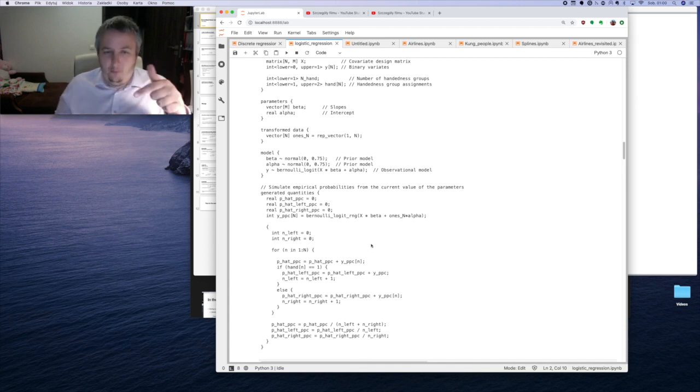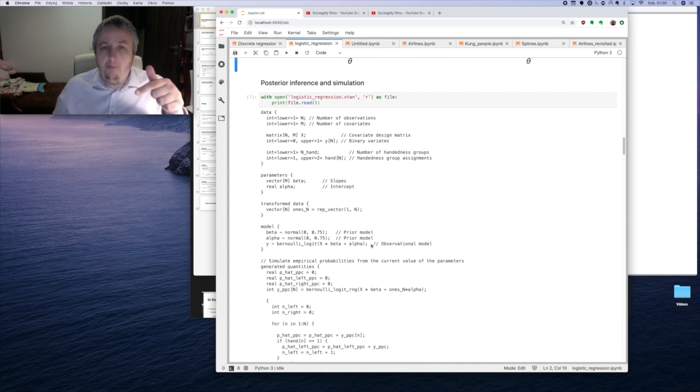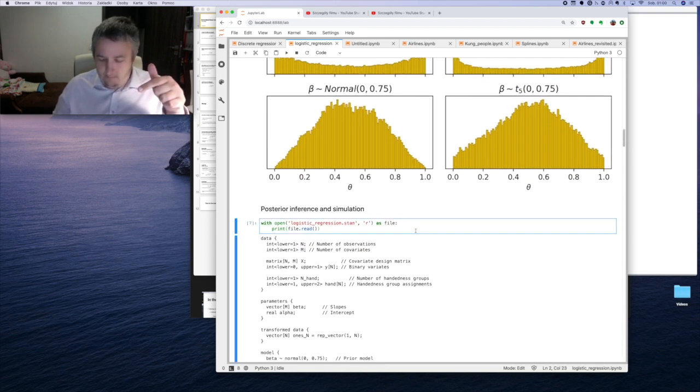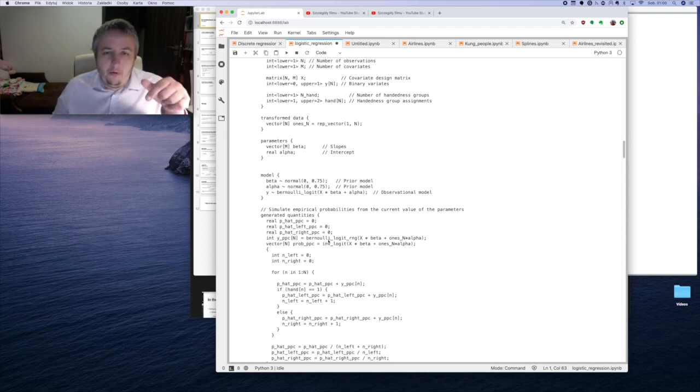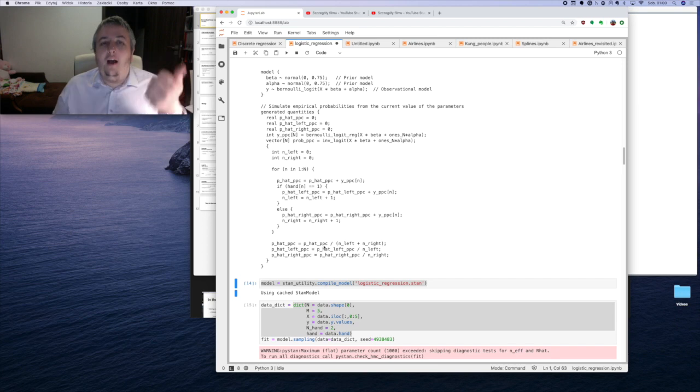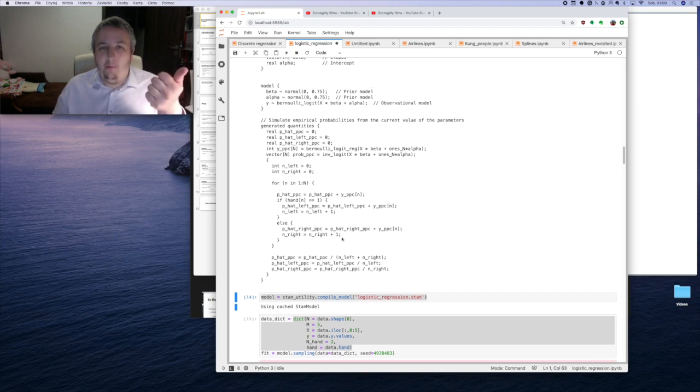For this simulation, I had to update the code because it was an older version. We will be simulating these results, and then we will compute the so-called empirical probabilities.